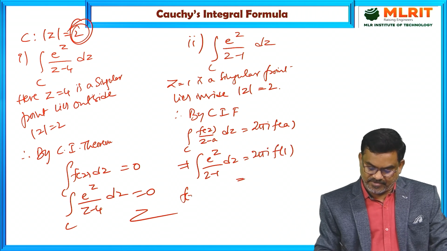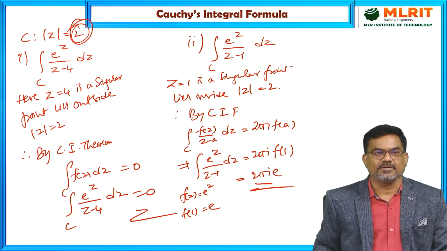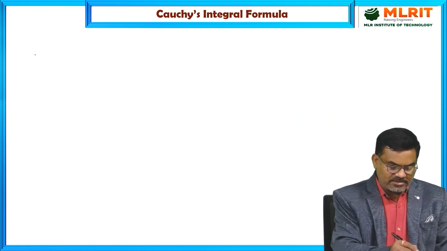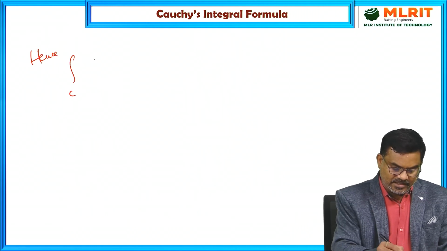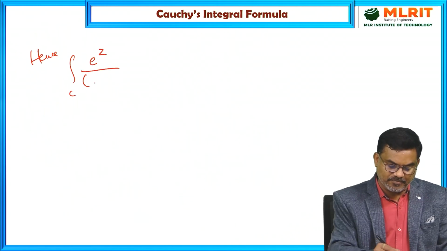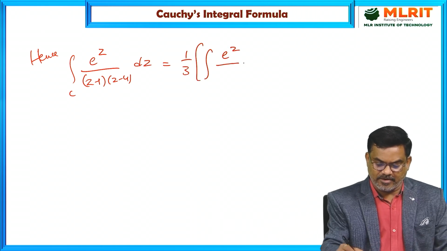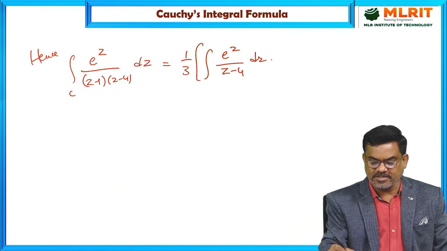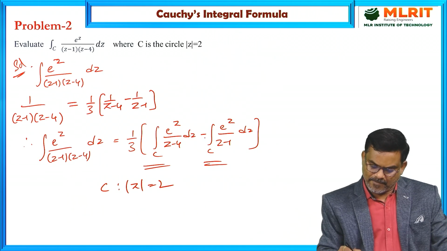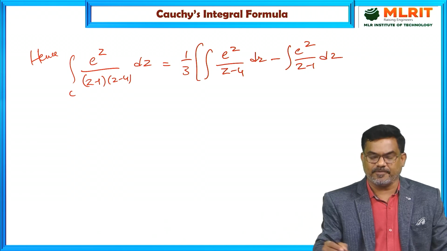And what is f(z) here? e^z. f(1) is e. So 2πi times e. Hence, the line integral of e^z/((z - 1)(z - 4)) dz is equal to 1/3 times the line integral of e^z/(z - 4) first, then minus e^z/(z - 1) dz.